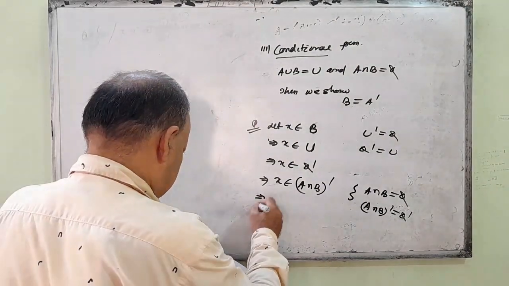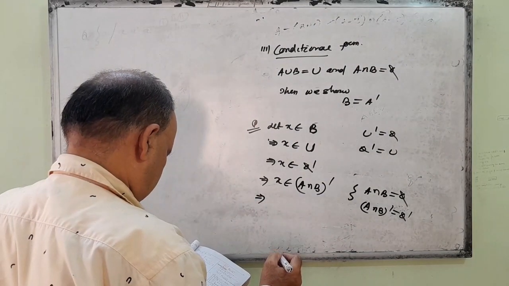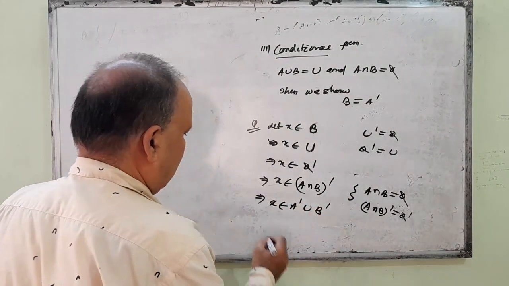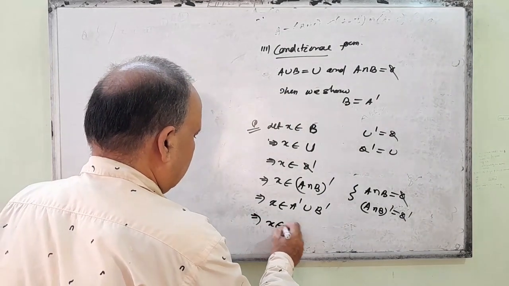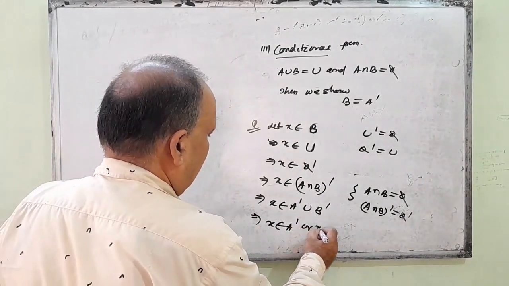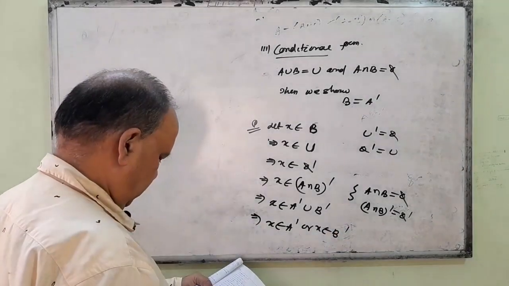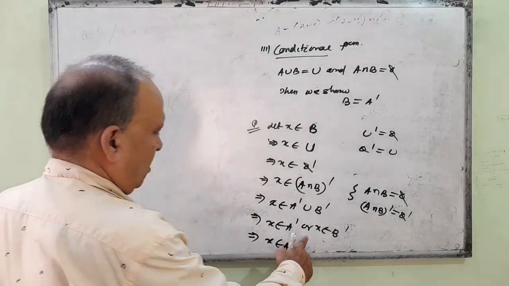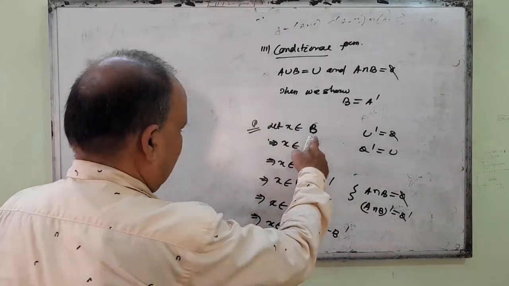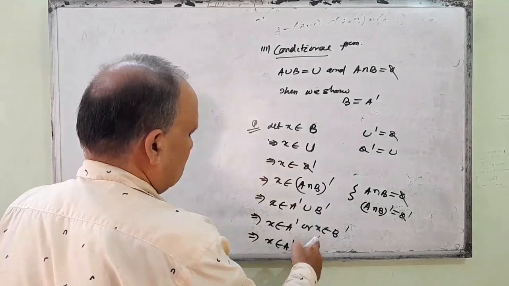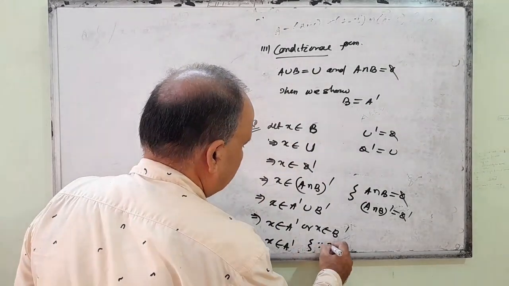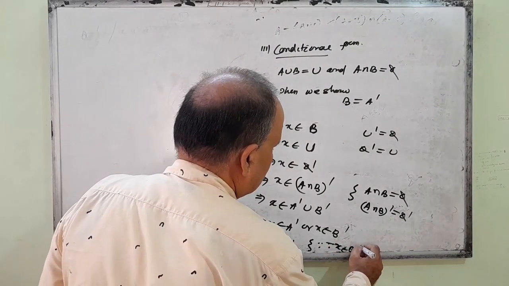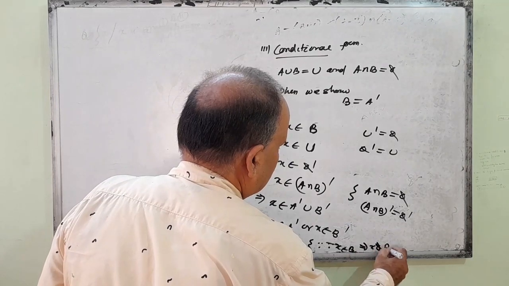This implies that x belongs to A dash union B dash, from De Morgan's law. This implies that x belongs to A dash or x belongs to B dash. Since we have taken x belongs to B, x does not belong to B dash.